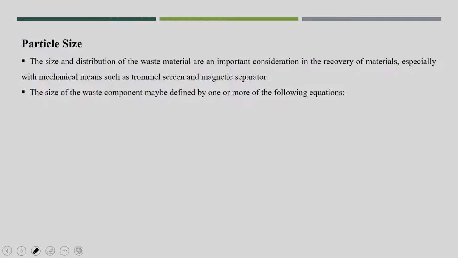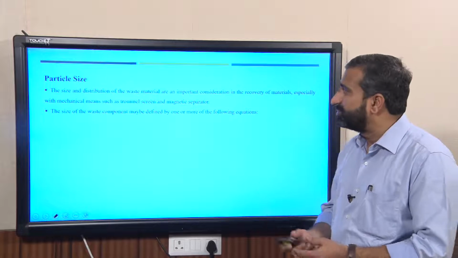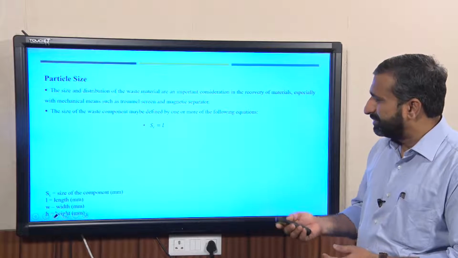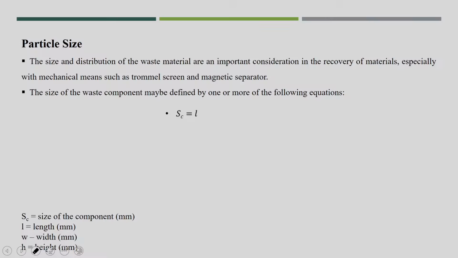Another parameter is called particle size. This parameter is normally important for the recycling facility, because there we need to know what kind of size. Even for the degradation process we need to know the particle size. There are different ways of calculating particle size, based on the length, width or height of that particular material.